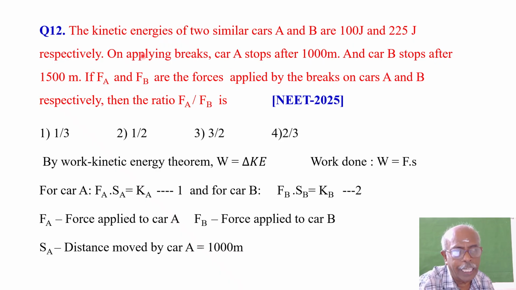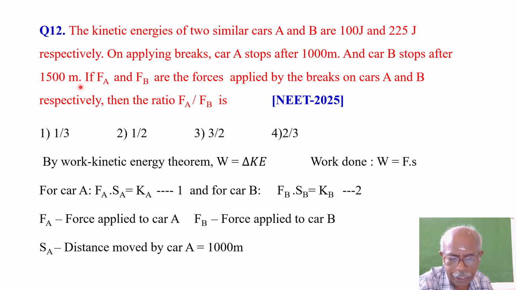Okay, so the kinetic energies of two similar cars, A and B, are 100 joules and 225 joules respectively. On applying brakes, car A stops after 1000 meter and car B stops after 1500 meter. When you apply a brake, the car will not stop immediately.